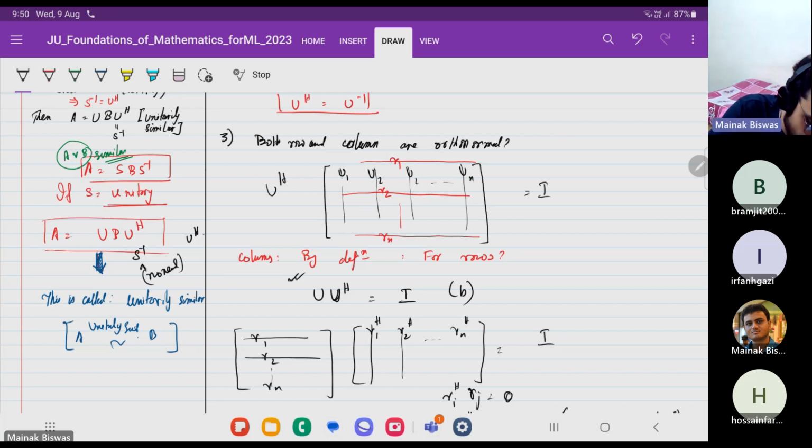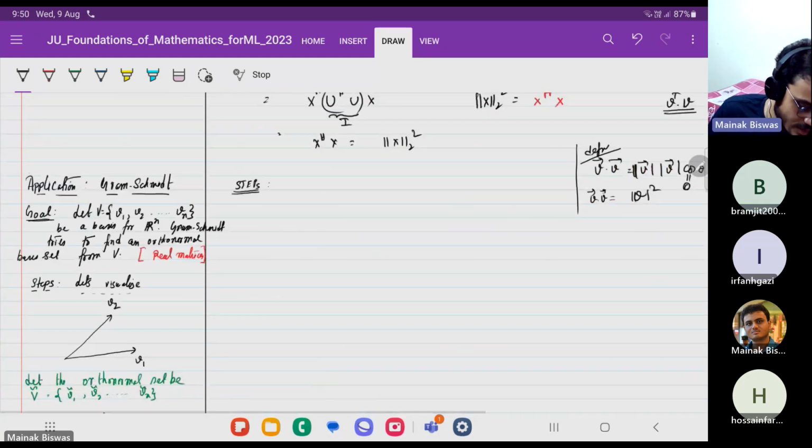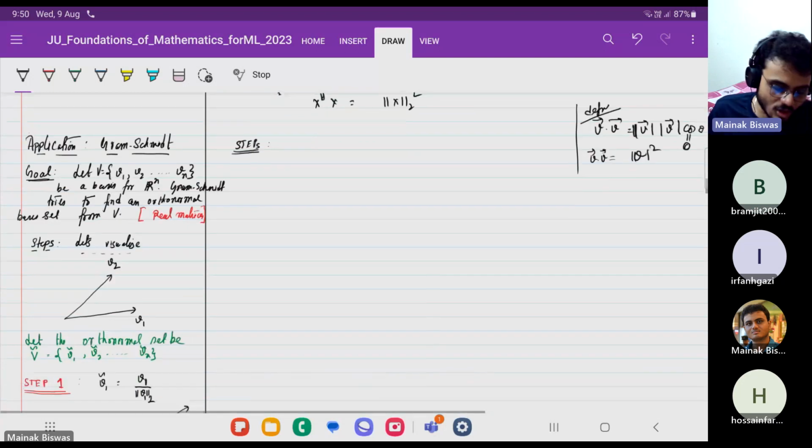It's just U Hermitian, which is equal to U inverse. This is why it is useful, right? Is this clear? Unitary similarity. We will be using this now in the normal matrices.